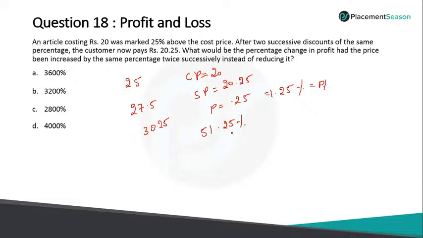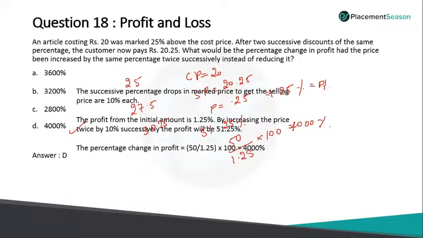The change in profit is 51.25 minus 1.25, which is 50. Increased by 50 from 1.25, into 100 will give me 4,000. So there is a difference of 4,000% increase, right?